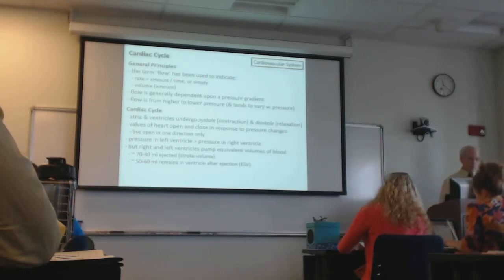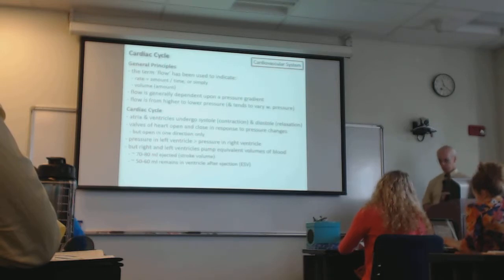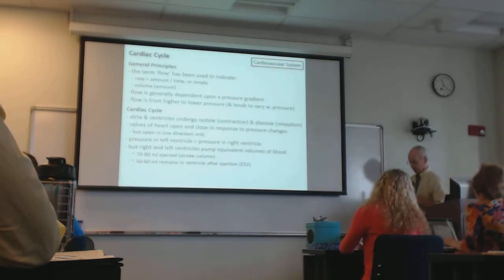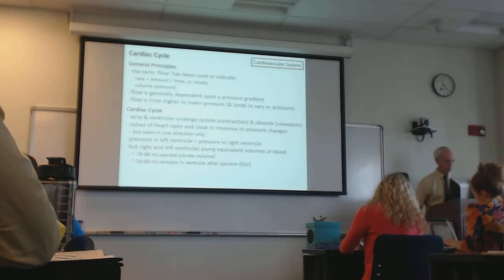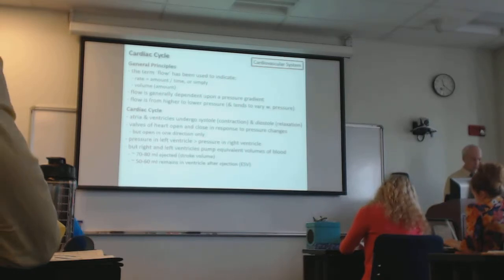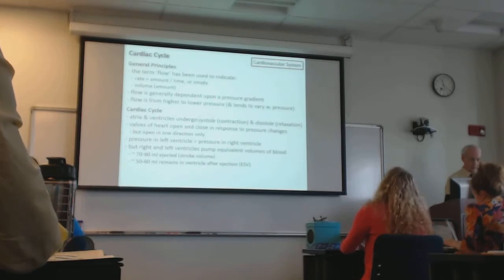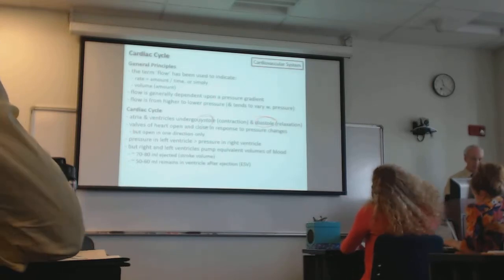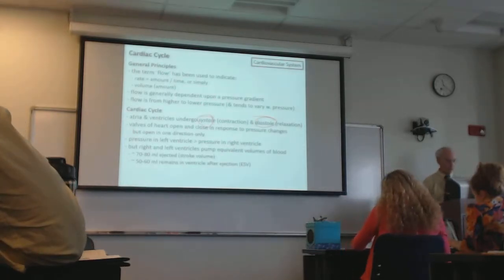By the cardiac cycle, we're talking about the peculiar method by which this pulsatile heart generates the pressure. The atria and ventricles undergo systole or contraction, and then a diastole, which is relaxation.